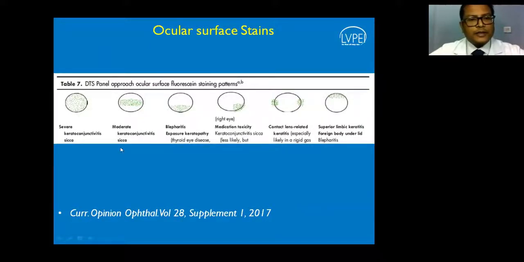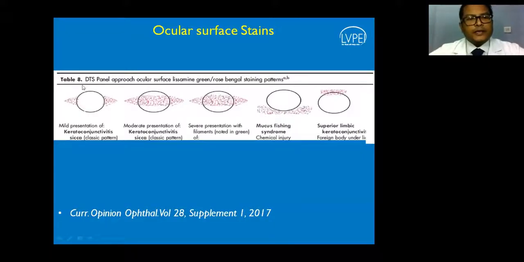In moderate keratoconjunctivitis sicca, there is an interpalpebral staining. Whereas in blepharitis or exposure, there is a typical inferior corneal staining. Medication toxicity is typically towards the puncta. Contact lens causes a 6 and 9 o'clock staining, and superior limbic keratoconjunctivitis or foreign body causes a superior corneal staining.